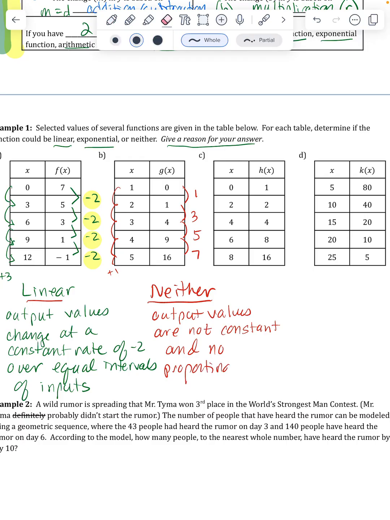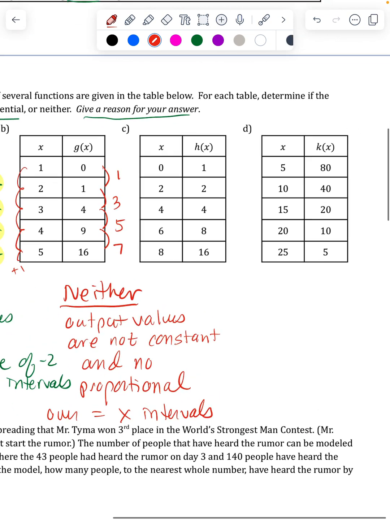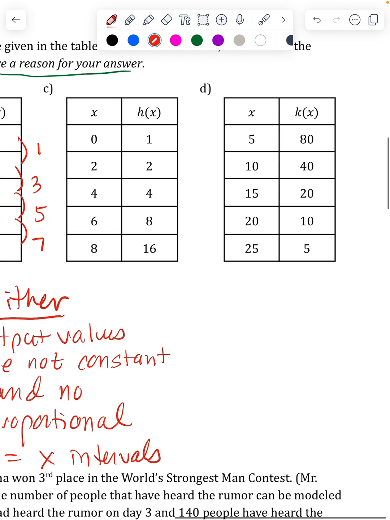I can't spell that, apparently. So they are not the same, and they are not multipliers. And this is all over equal x intervals, because you want to make sure you are recognizing that you understand the need for that. So if I look at my next table, I double check.